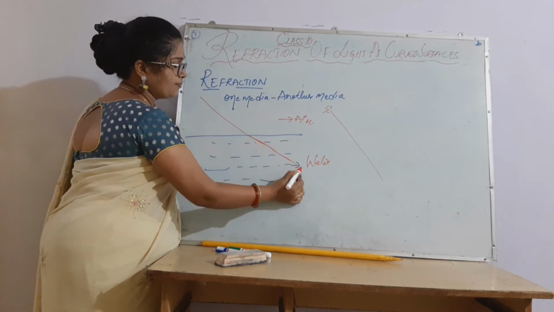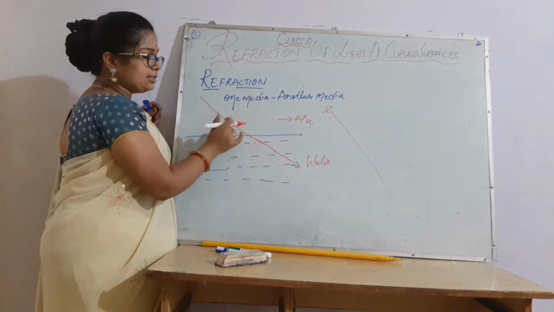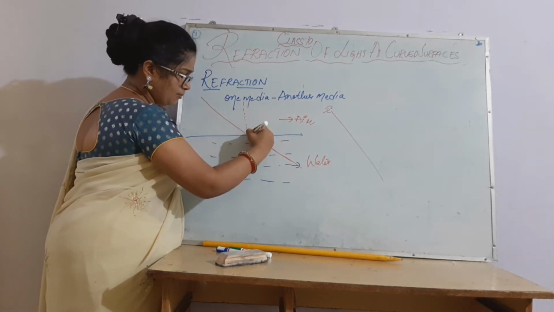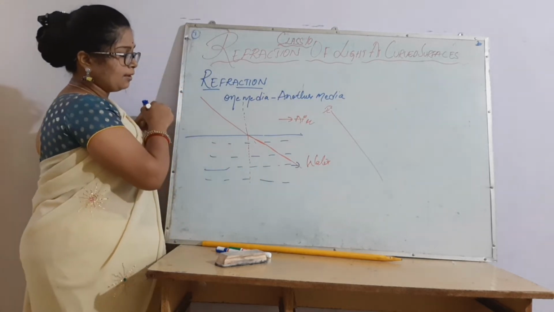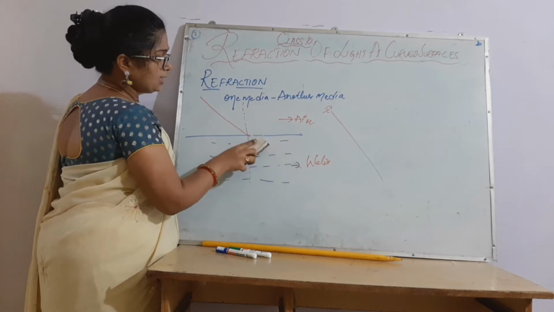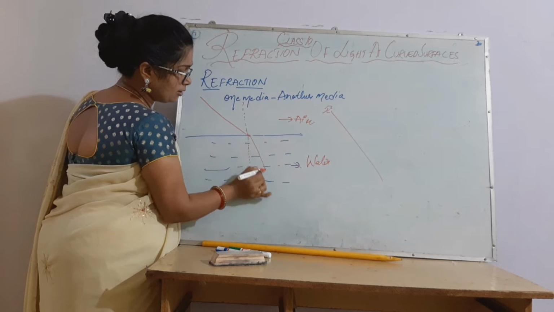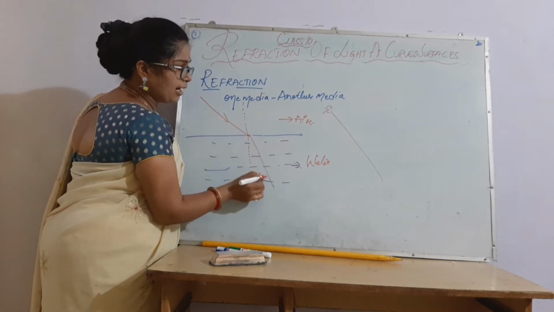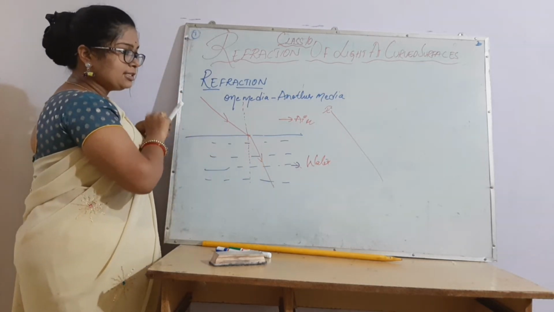This is the normal. When it changes its direction, this is the incident ray. This is the refracted ray.